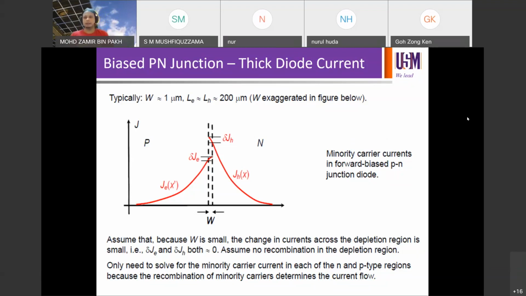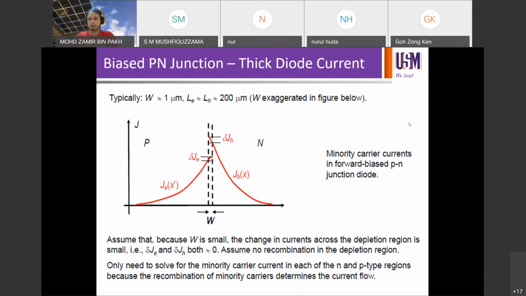We stop here, after discussing the current density due to diffusion, which is dominant in the quasi-neutral region. And we have been discussing the minority carrier density, so the diffusion current density associated with the minority carriers in both sides of the QNR.